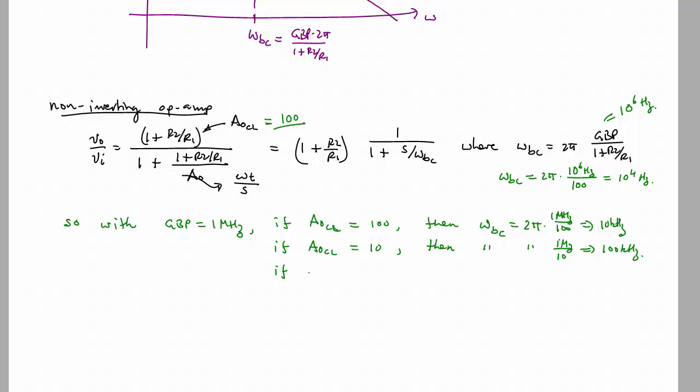If we had a closed loop gain initially of 1, then we would have a closed loop break frequency of 1 megahertz. And suppose that we wanted a lot of gain. Let's say we wanted a gain of 1,000. Then the break frequency would be only 1 kilohertz.